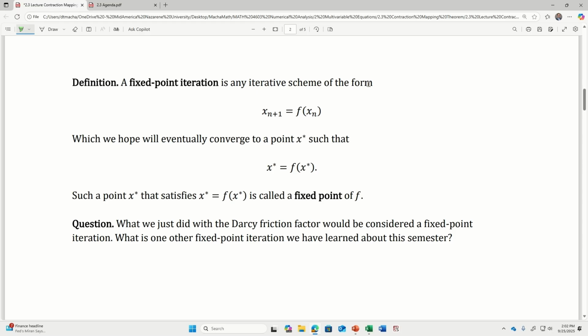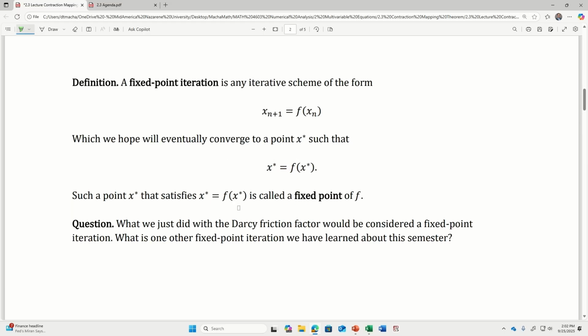And a fixed point just means if I plug the fixed point into my iteration function, then it's going to spit out the fixed point again, right? I can keep doing that over and over and it's going to be exactly the same. That's our goal. And so this point is called a fixed point.